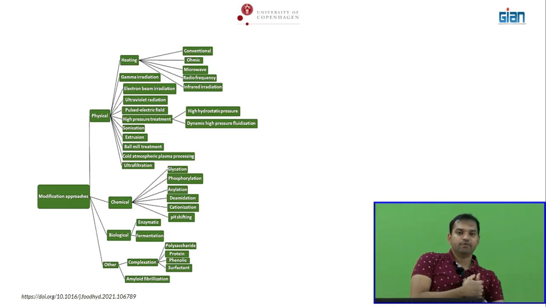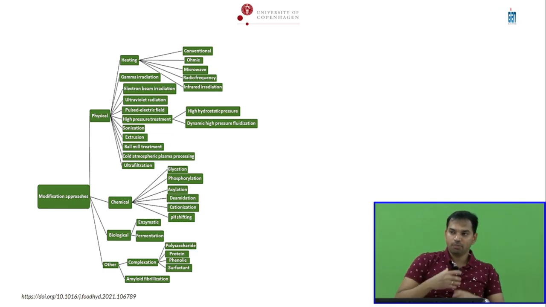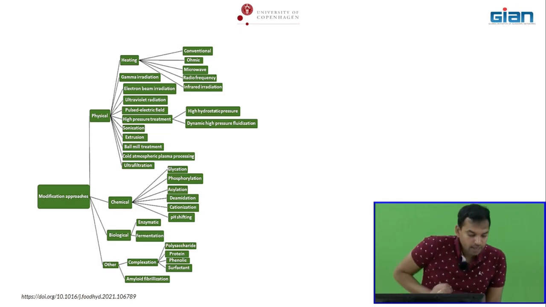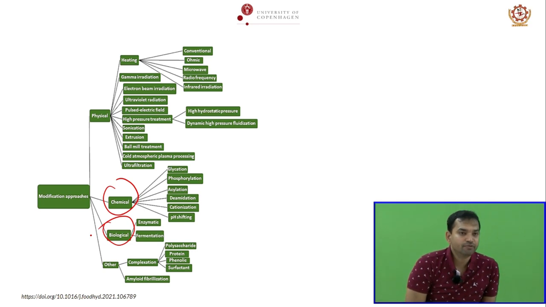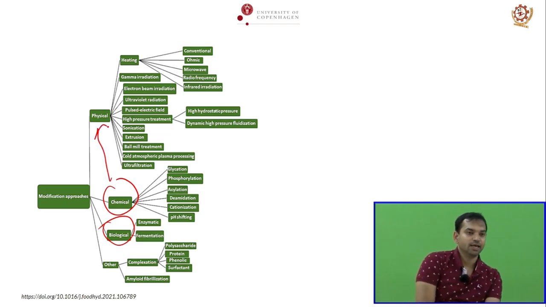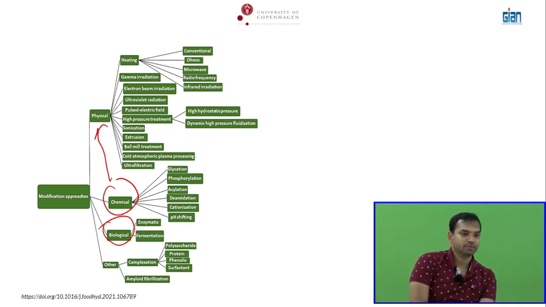However, I will try to cover the most important and common things. I promised to cover only chemical and enzymatic modification in the lectures, but when I was preparing slides, I realized that if I don't cover physical, it does not make sense because that's also used quite a lot. That was my mistake on the slide, but I'll try to mix them together, and you'll get a better understanding. Is it okay?